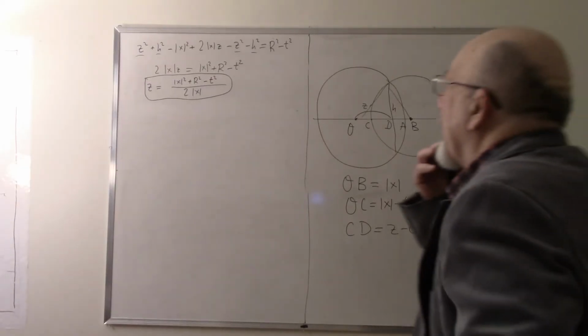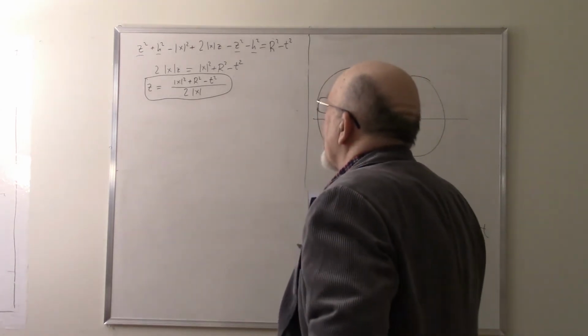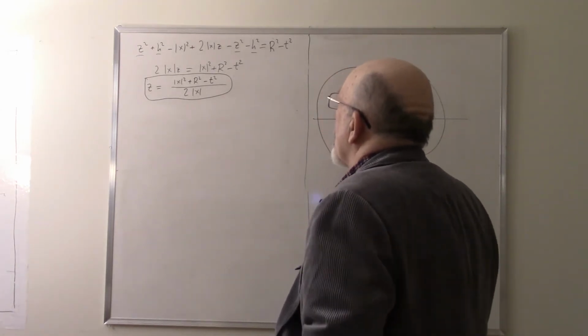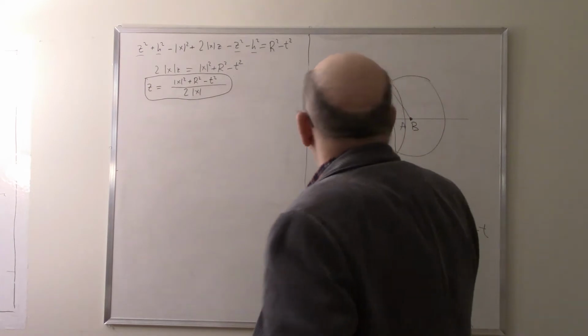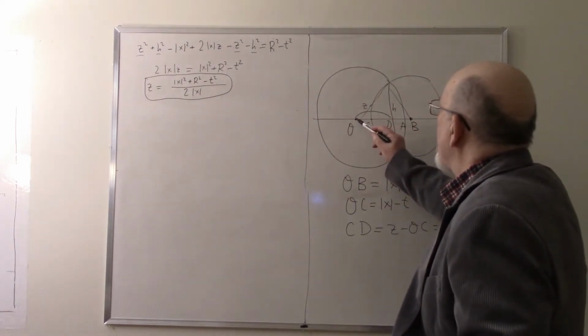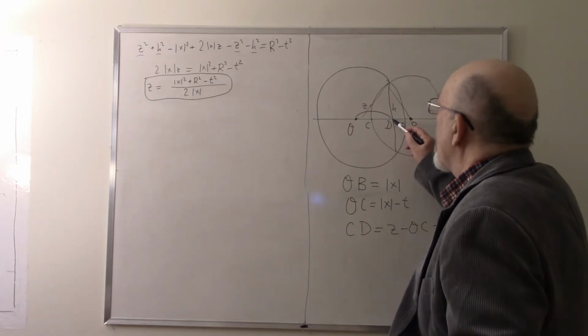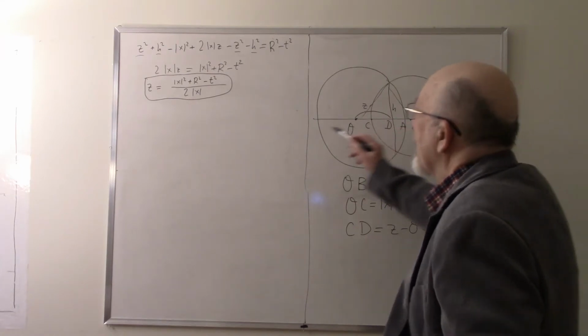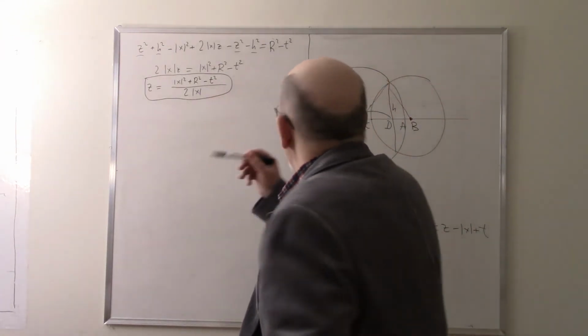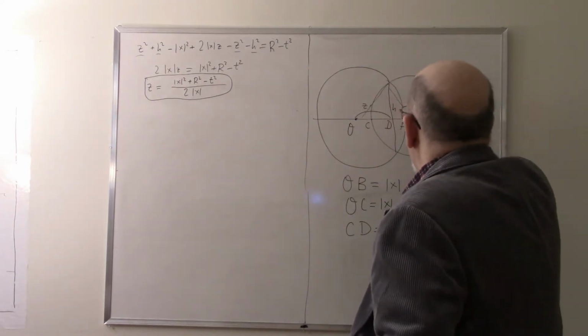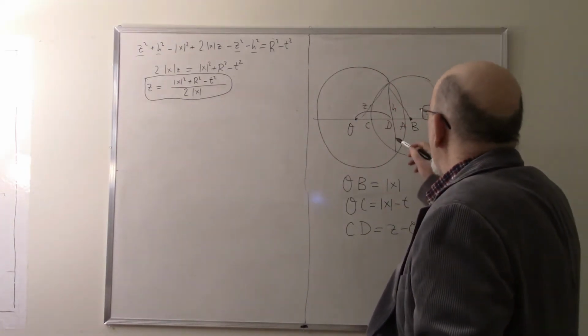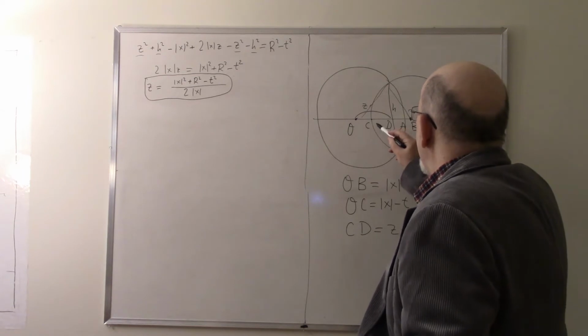So we found this segment OD, which is Z. Z is given by this, from these two triangles. Now we have to find CD.